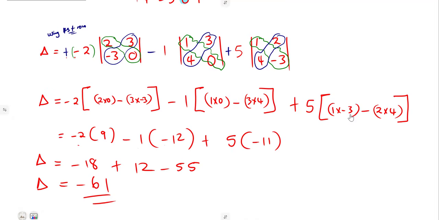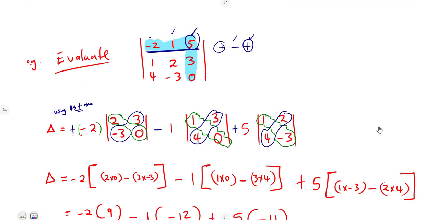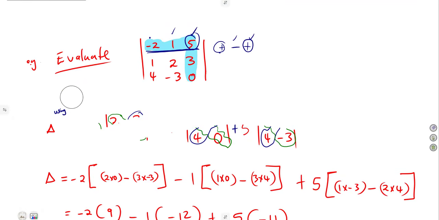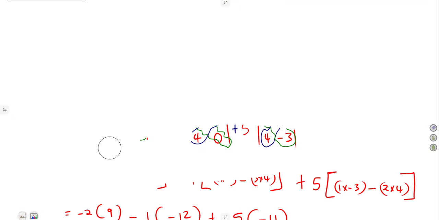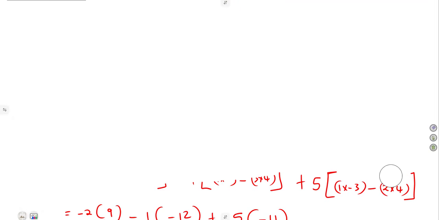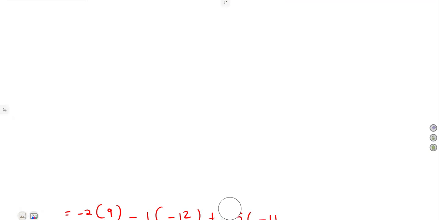So like I said, it is not always where you have the choice, where you choose any row or any column. Sometimes you are instructed to expand a certain column or a certain row. They will ask you to do that.